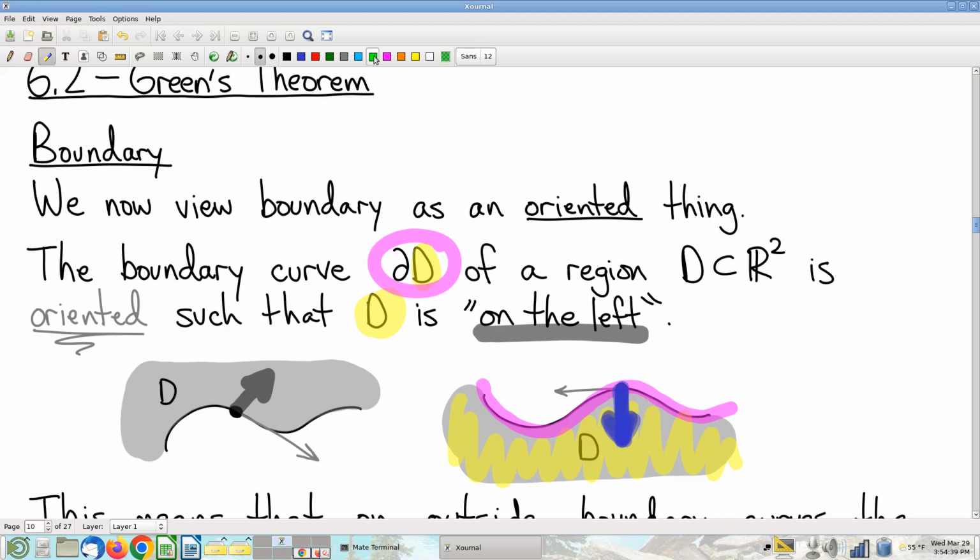The answer is I would need to go this way. If you're walking along this way, the region's on your left.